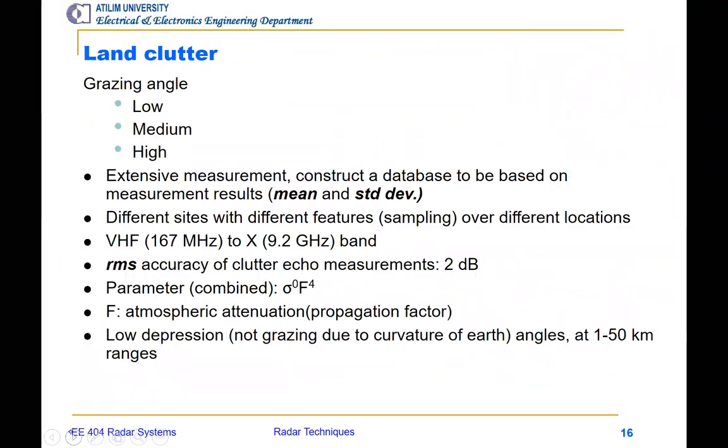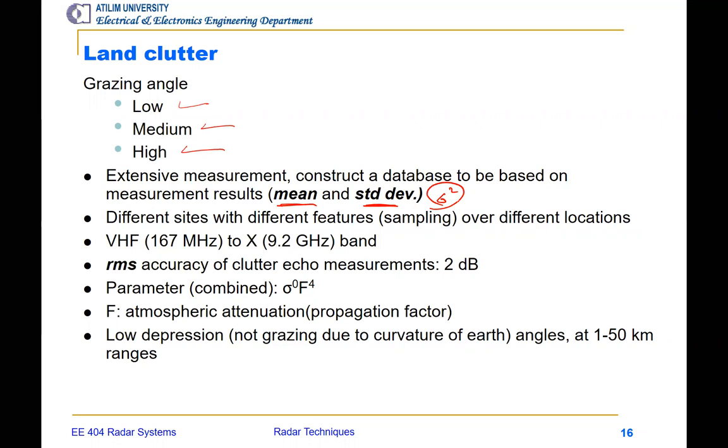Okay, let's see land clutter first. There are three different grazing angles, three different cases: low grazing angle, medium grazing angle, and high grazing angle. As I said earlier, all are based on measurements, and we talk about mean value and standard deviation or variance. And there are different sites with different features and different locations.